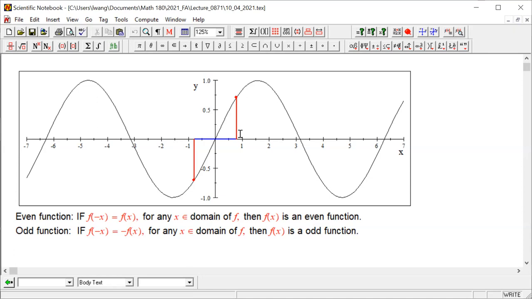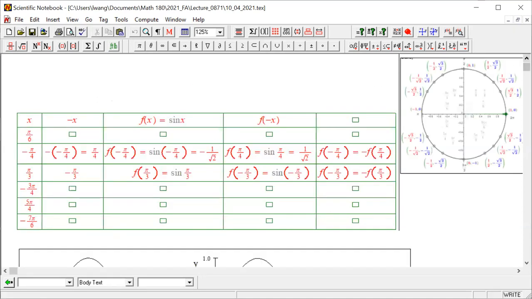Primarily you can see that whenever the inputs are opposite, this setting involves ARD, because a positive angle is counterclockwise and a negative angle is clockwise.